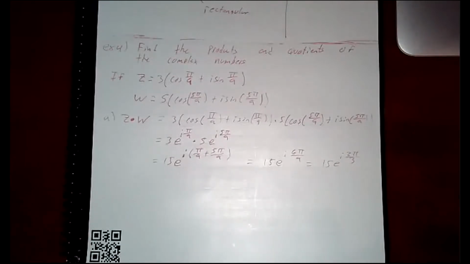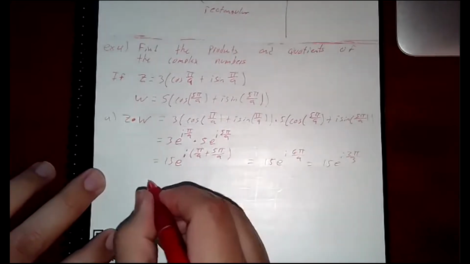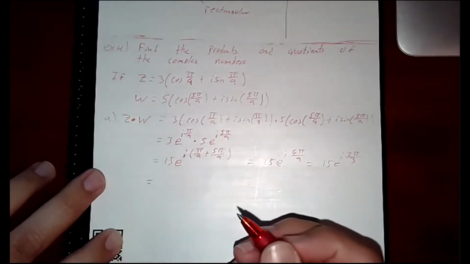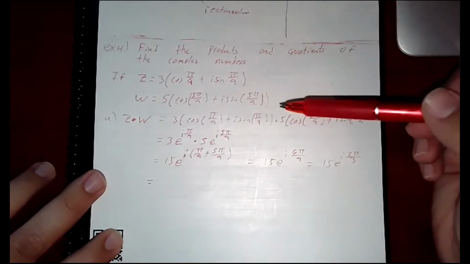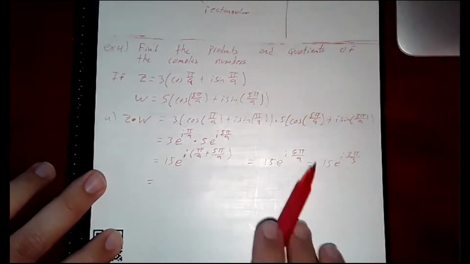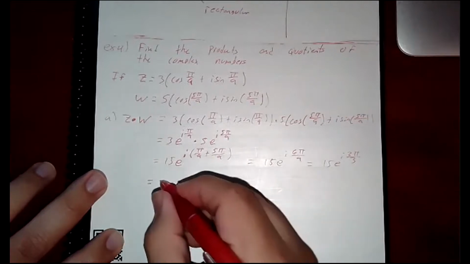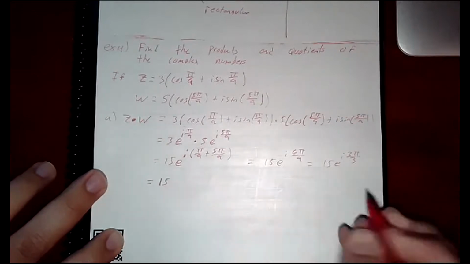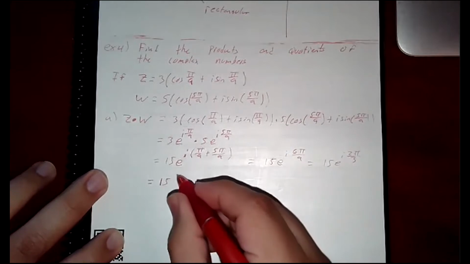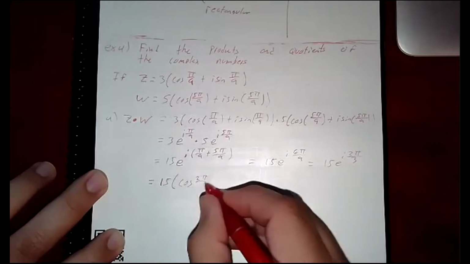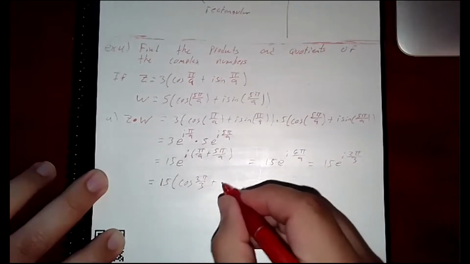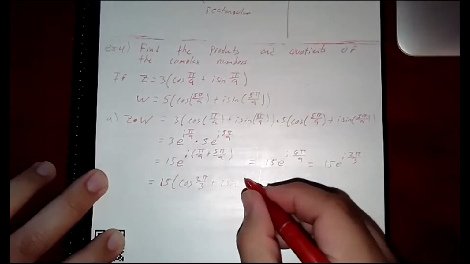So once you have this, you can then convert back to the original form, complex number, get away from the exponent, and just say that this product is really just 15 times cosine 2 pi thirds plus i sine 2 pi thirds.